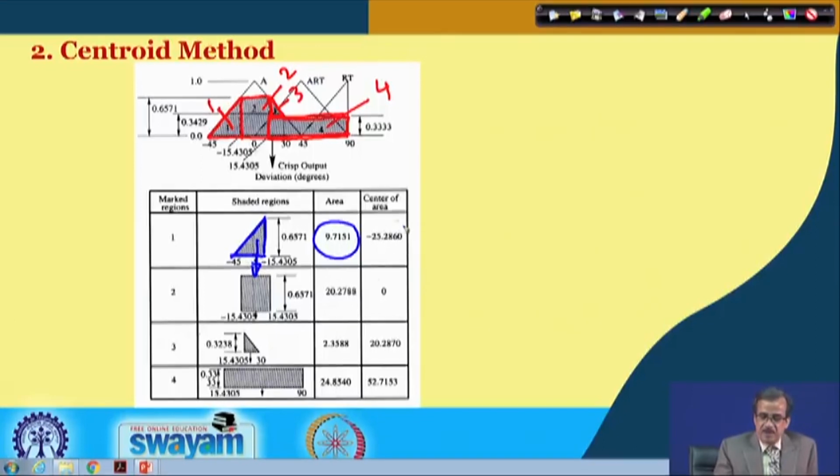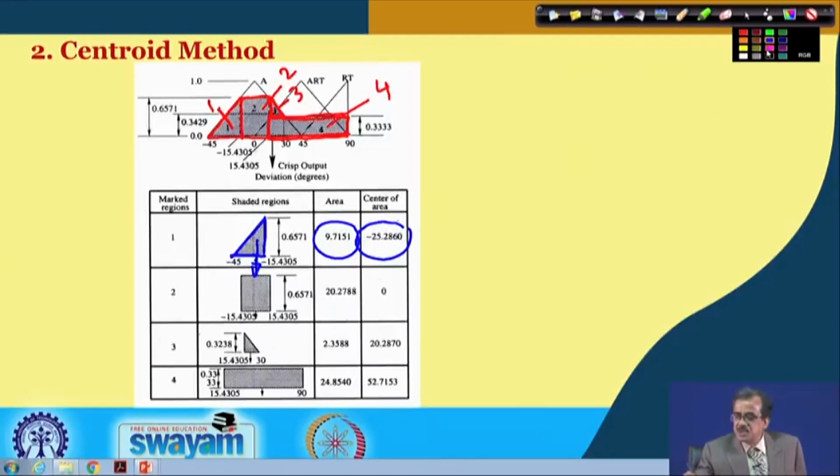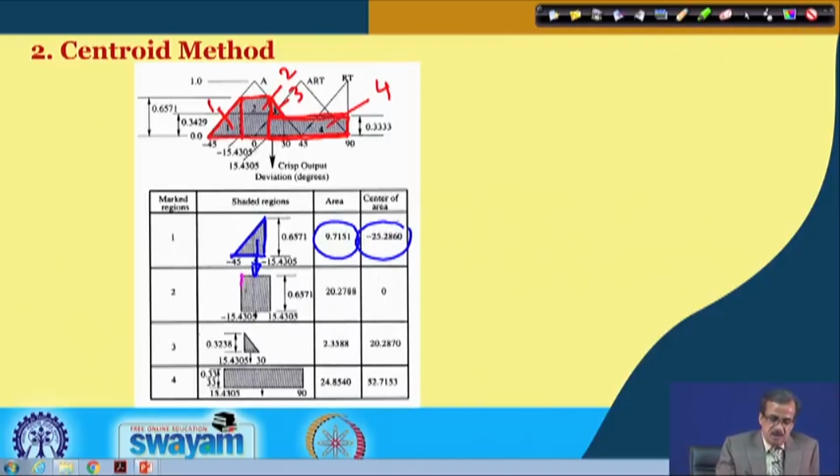Now, I concentrate on the second one, the rectangle. Very easily I can find the area and the center of area.